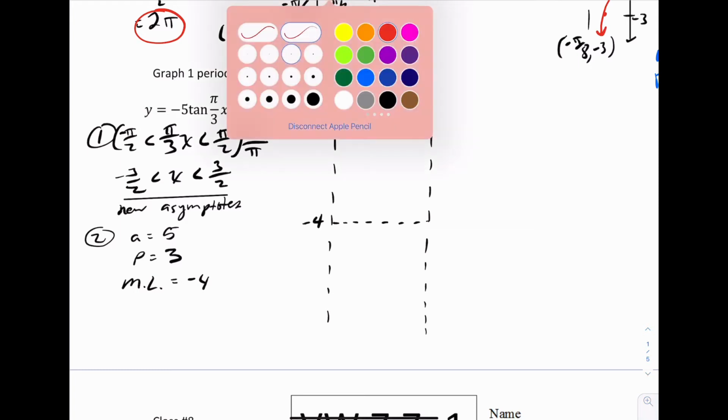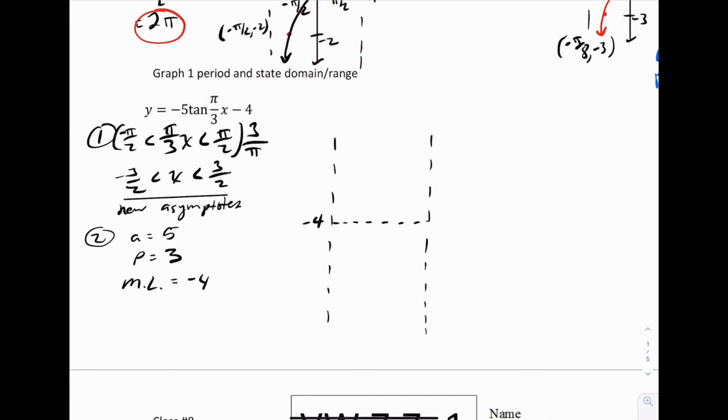Now our asymptotes, I'm going to put that underneath. This was negative 3 over 2, positive 3 over 2, which means right in the middle, that's our 0 line. And then if this is negative 4 in the middle, if we go up 5, that should be positive 1.